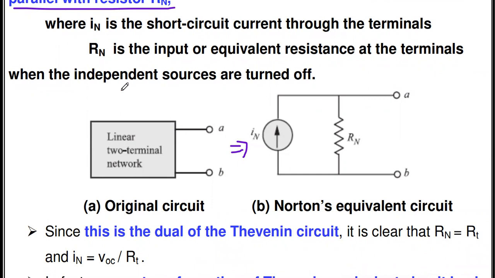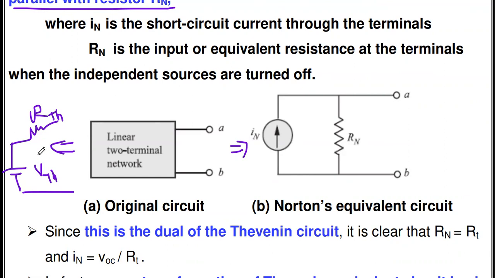In Thevenin's theorem, the same linear two terminal network can be replaced with one voltage source, Thevenin's voltage source VTH, in series with the Thevenin's resistance RTH. So Thevenin's theorem is a voltage source model and Norton's theorem is a current source model.